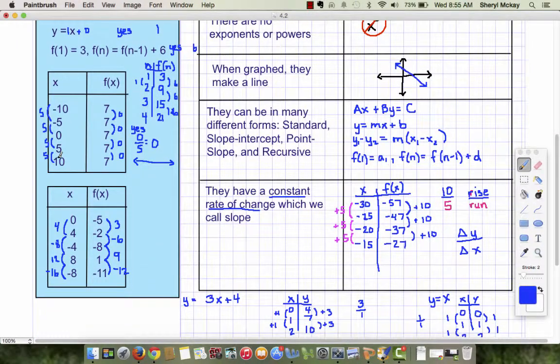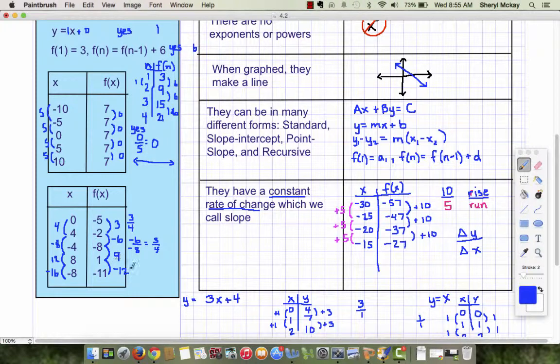So my difference is 3 over my interval of 4, 3/4. My difference is negative 6 over my interval, which happens to be negative 8, which becomes 3/4.